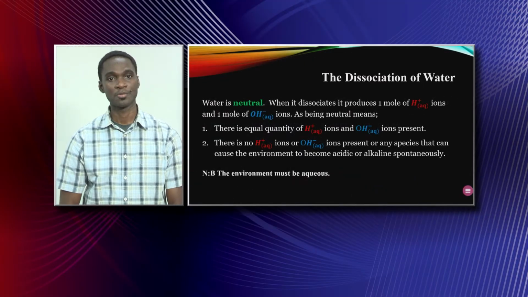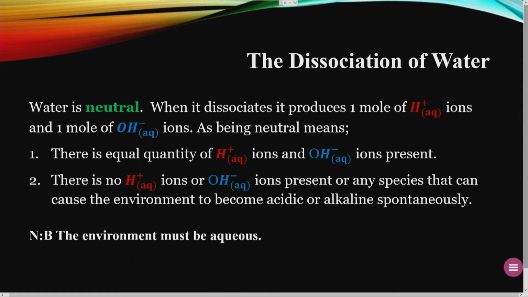To begin with, we must remember that water is neutral. When it dissociates, it produces 1 mole of H plus ions and 1 mole of OH minus ions. When we think of neutral, it means that there is an equal quantity of H plus ions and OH minus ions present.